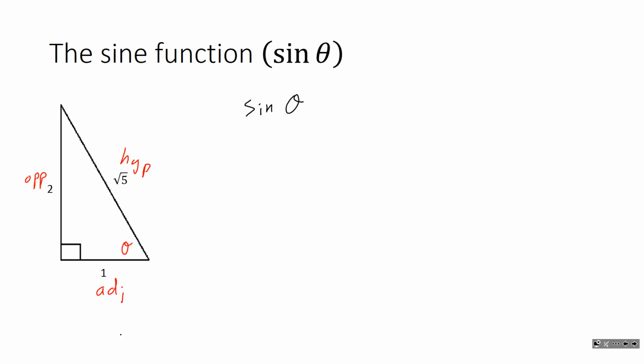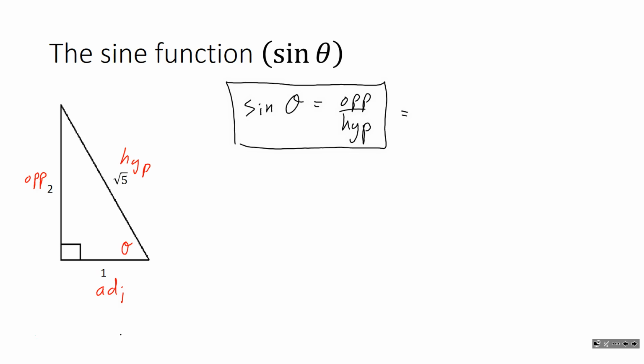Now here is the definition for the sine of theta. The sine of theta equals the opposite over the hypotenuse. This is something that you'll definitely want to remember. And let's do it using the numerical information that I supplied. The opposite side we see is 2, and the hypotenuse is square root of 5.